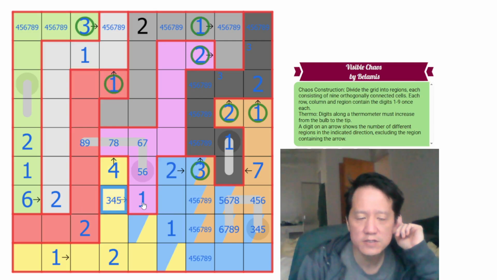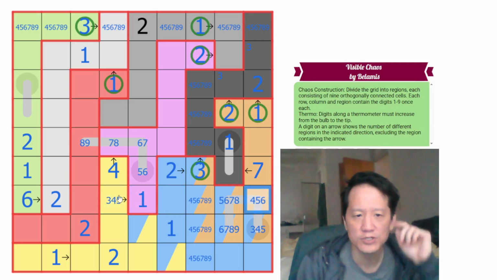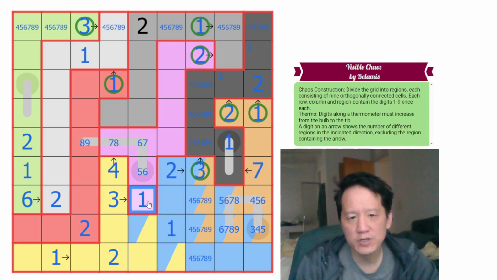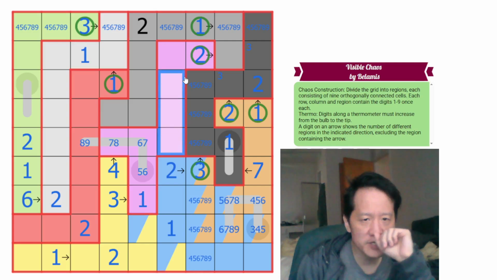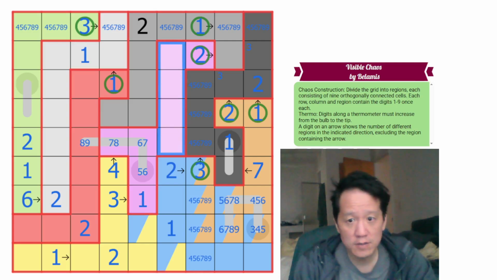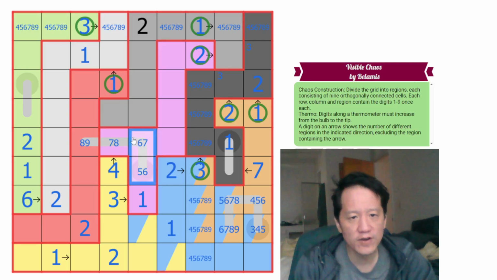This sees 1, 2, 3 regions because it has to see both blue and orange and pink. This must contain 3, 4, and 9 because 5, 6, 7, 8 is here.